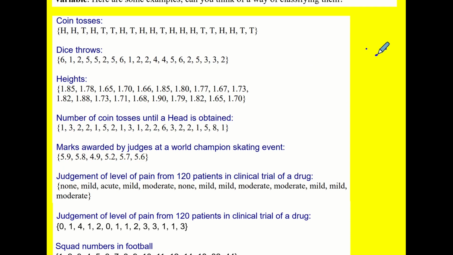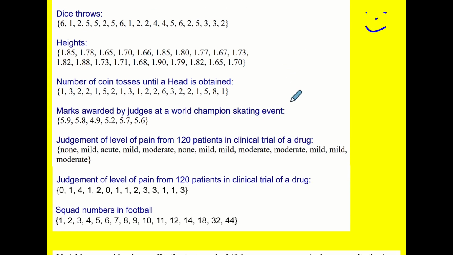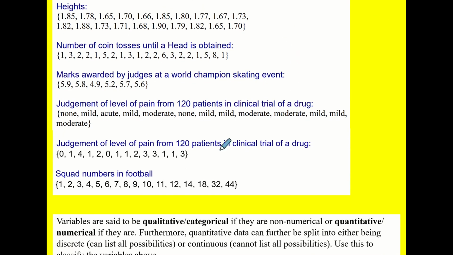Well, I'm sure there are possibly lots of ways of doing it, but two that we tend to go with in maths are that variables are qualitative or quantitative. Other words for these are categorical and numerical.